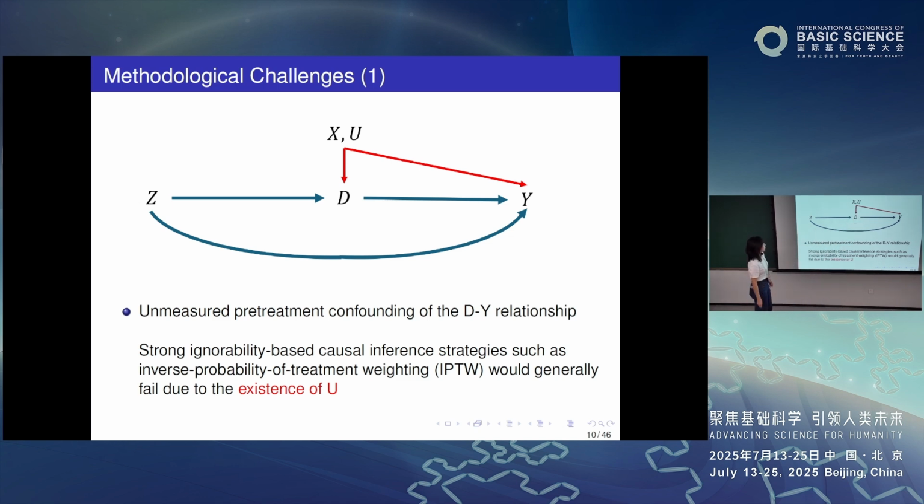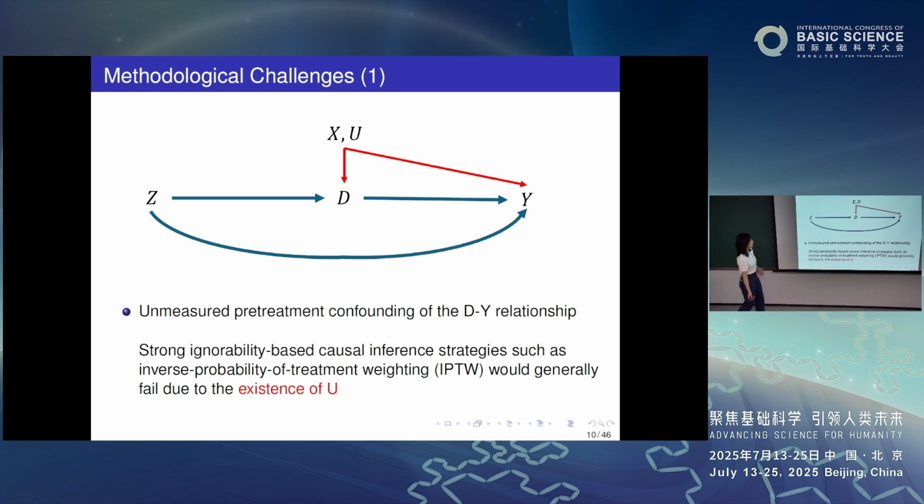Because we're interested in the effects of a sequence of treatments, the standard strategy in causal inference to estimate them is what we call IPTW, the inverse probability of treatment weighting. However, IPTW has a very strong assumption underlying it.